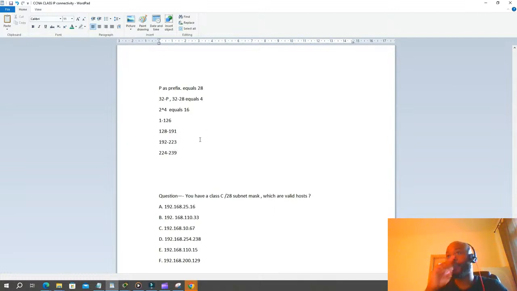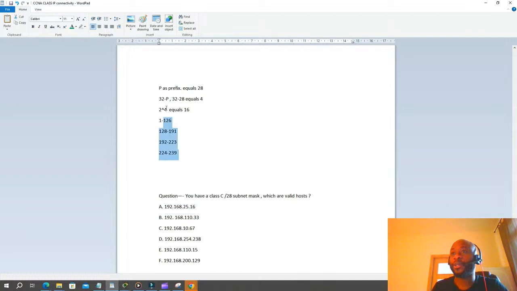So now what you have to do is, the first three octets are going to be blocked. You can't do anything to it. Now we're talking of 16. So for this option, the first subnet is 192.168.25.0.